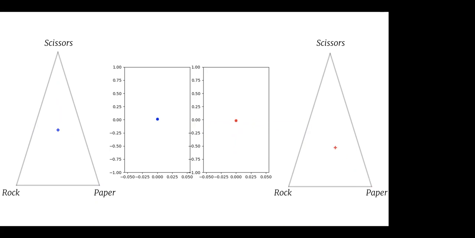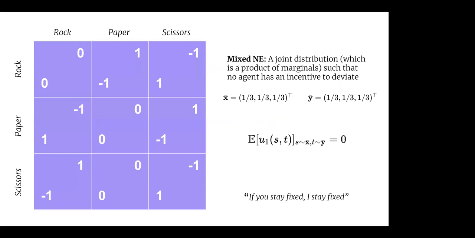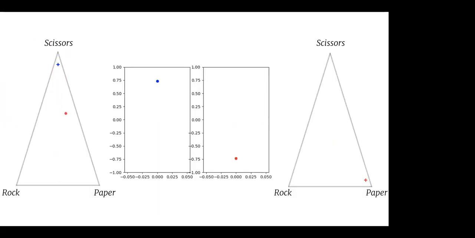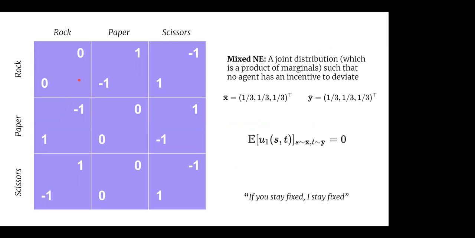And after having completed all of this, I look back and I say, okay, instead of doing this sequence of actions, would I have been better off playing any one action instead every single time? So would I have been better off playing rock in every single time step or paper in every single time step? And if the answer to that is no, then the algorithm is said to have no regret.